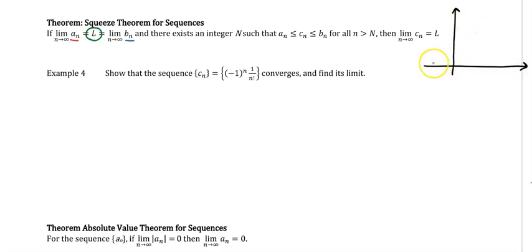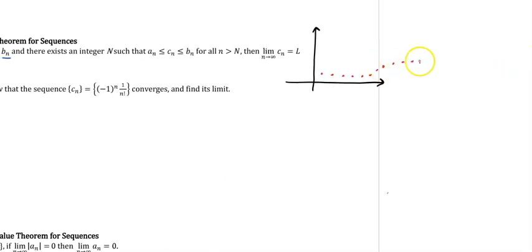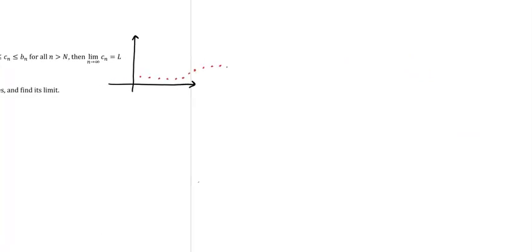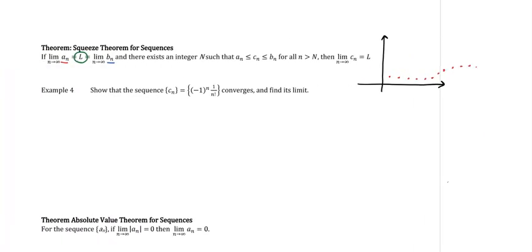We have some sequence a sub n, the values of that sequence, and then we have another sequence b sub n. And the values of the sequence b sub n may look like this. But I do know that eventually the two sequences converge to the same value, L, so where these sequences are converging out in the middle.